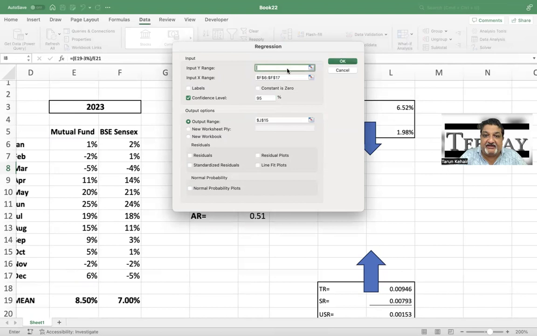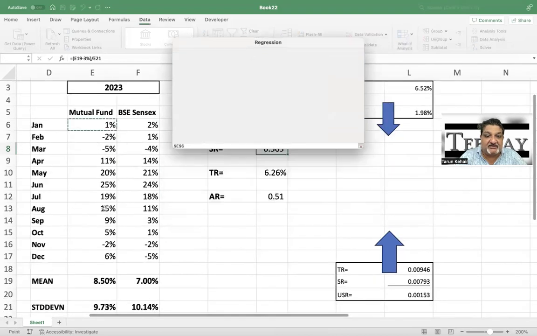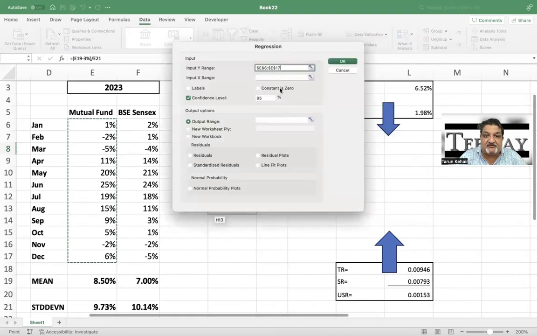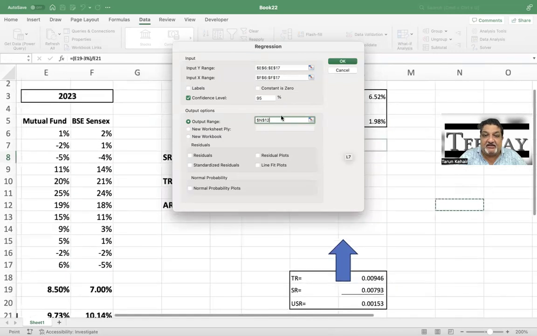First I will put the Y range and X range and the output range also. So let's take the Y range. Obviously अभी तक आपको पता चल गया होगा, Y will be the dependent variable mutual fund, X will be the independent variable Sensex. Confidence level 95 रखते हैं, and let's keep the ANOVA table here and press OK.